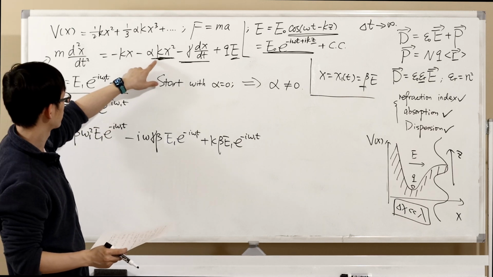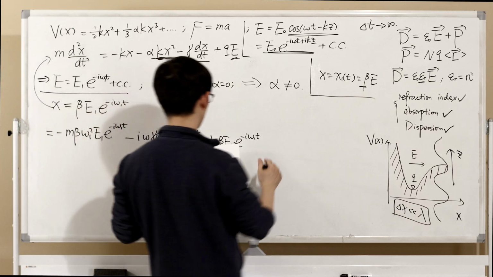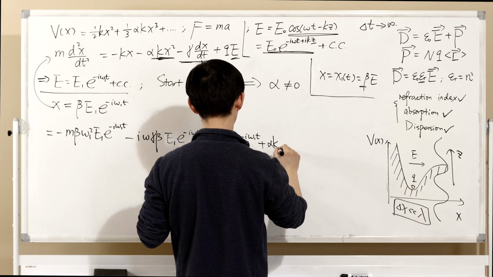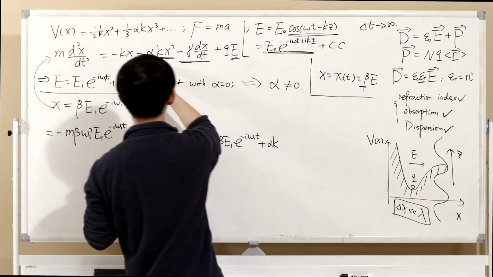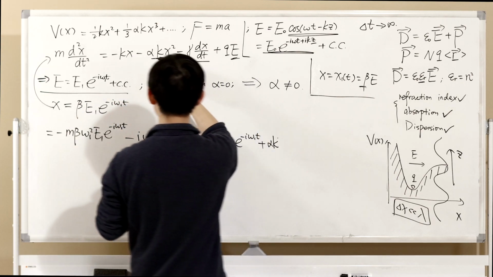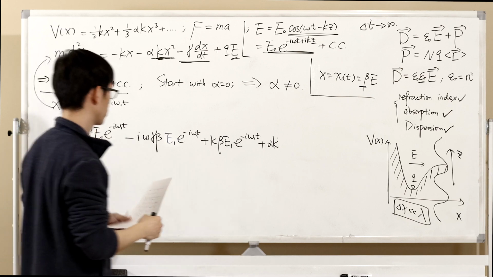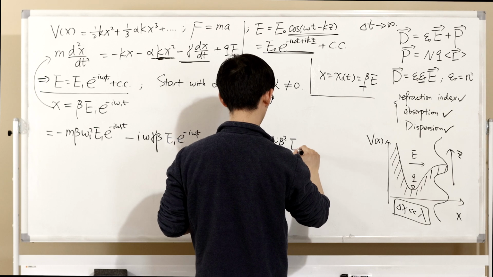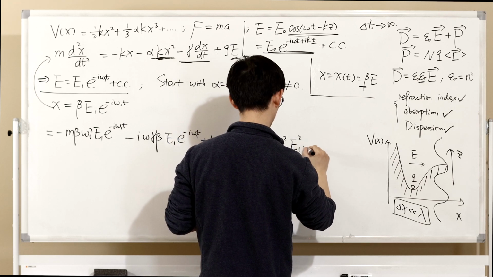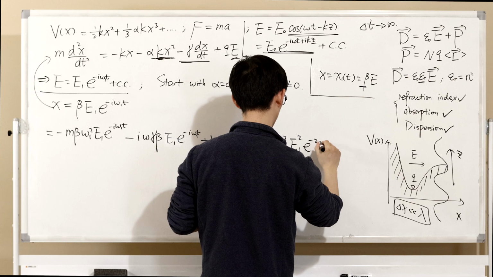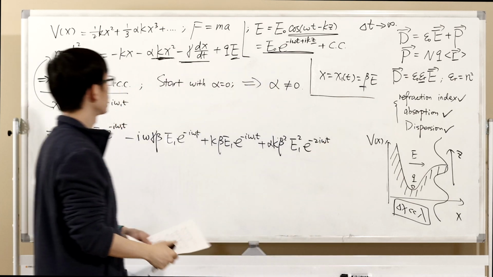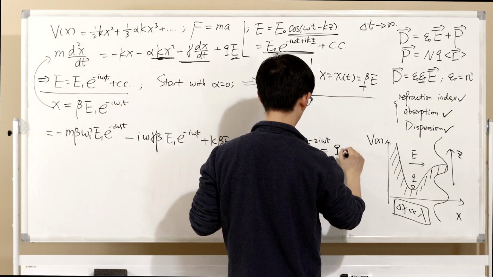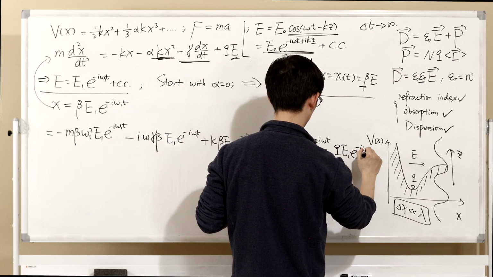Now let's get to this x squared term. The x squared term is plus alpha k, the coefficient alpha k, and then x squared is this, so you have beta squared E1 squared e to the minus 2I omega t. And then the right-hand side is the forced oscillation equal to Q E1 e to the minus I omega 1t.